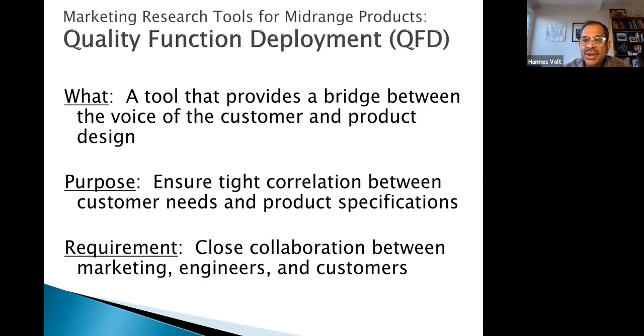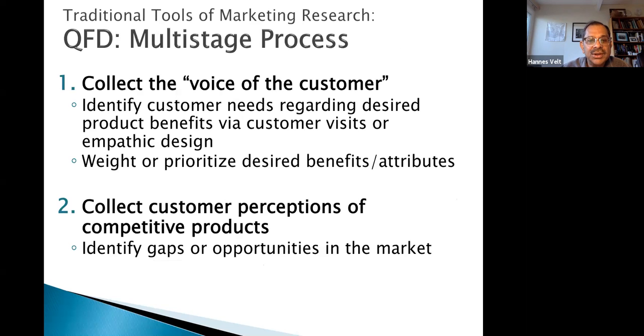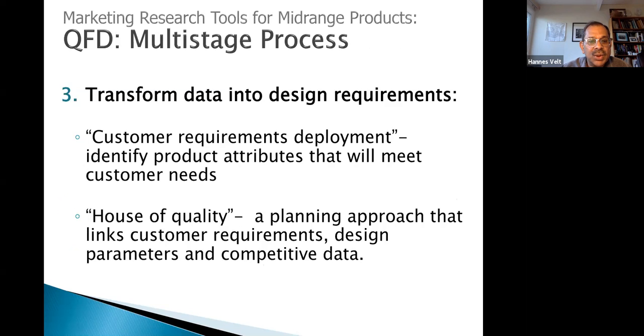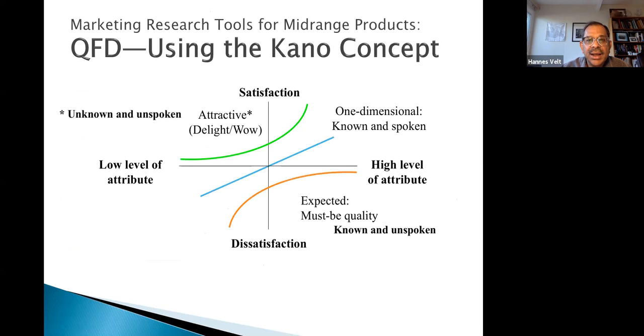Now, one of the tools in the toolkit of QFD is called the Kano concept. And that's what I want to go into next. It's a very nice way to look at decomposing your product into different levels of quality from a consumer's perspective, and then relating that to their satisfaction.